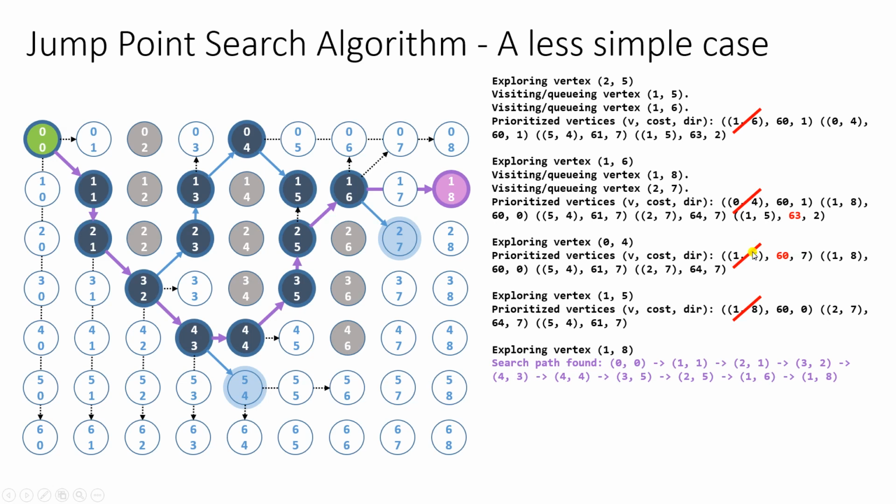But if you have multiple vertices with the same cost, it's in a way not determined which one will be explored first. It depends on how you implement it. It also depends on whether, when you explore the neighbors around the start node, you go clockwise or counterclockwise.